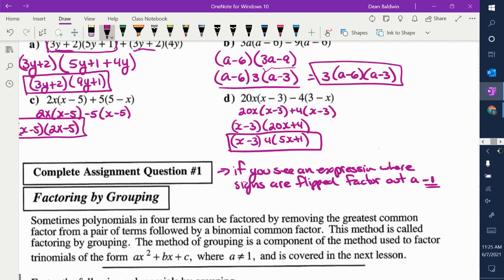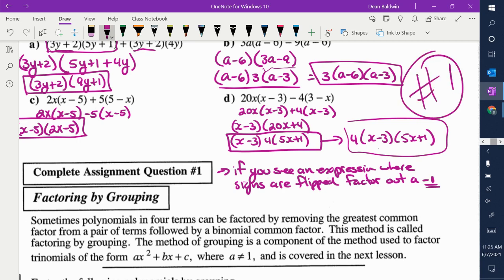How would the book write it? Yeah, they'd put 4 at the beginning. And it doesn't matter if you write 4x minus 3, 5x plus 1, or 4, 5x plus 1, x minus 3. I don't care about that. Okay? Just get the factors right. If these two are switched in order, I don't care. Because when you multiply, it doesn't matter the order. Is that okay?